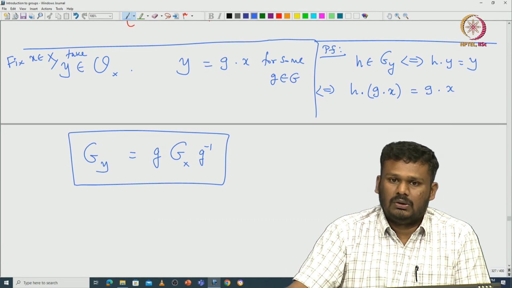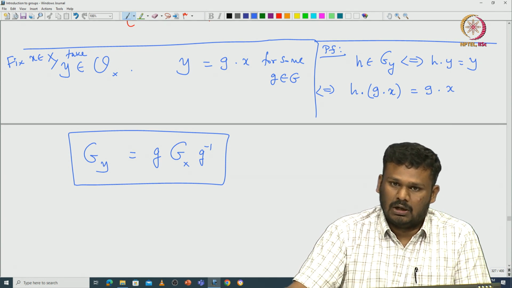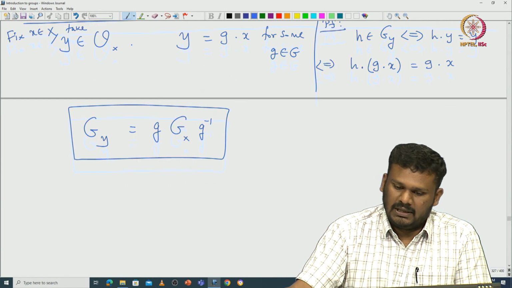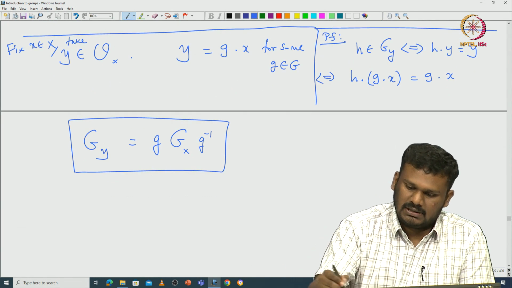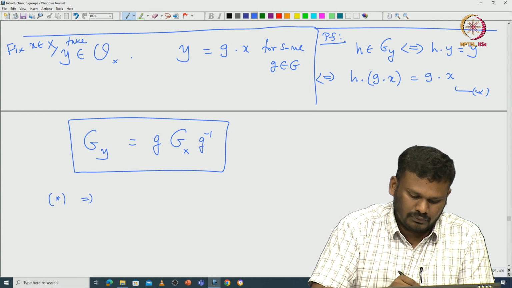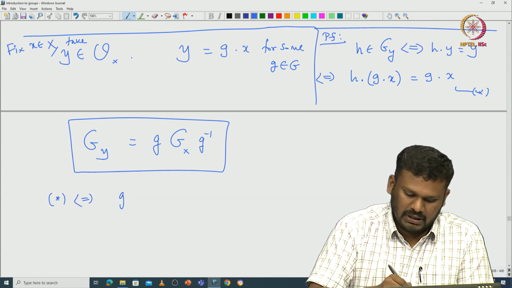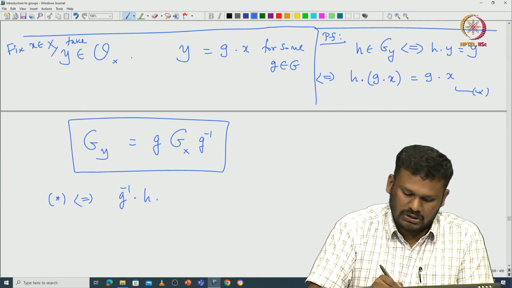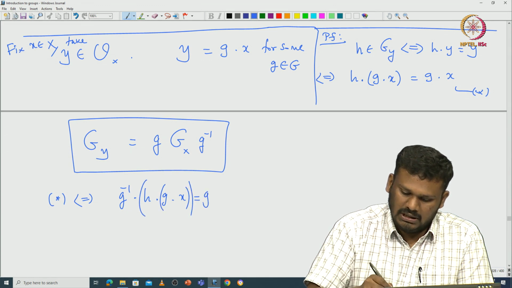Now we can apply g inverse on both sides. So this star is equivalent to, by applying g inverse, g inverse dot h dot g dot x equal to g inverse dot g dot x.